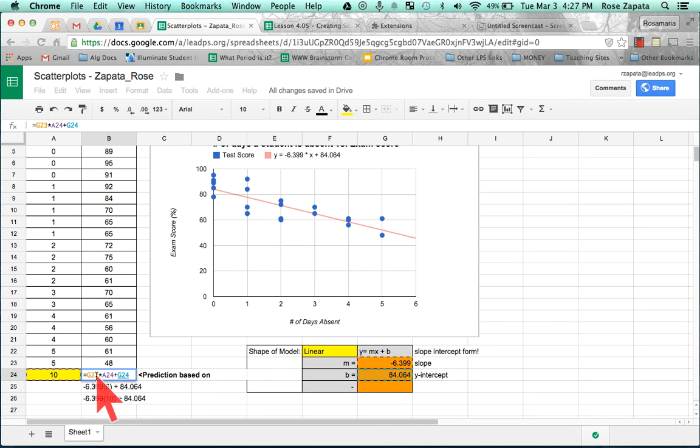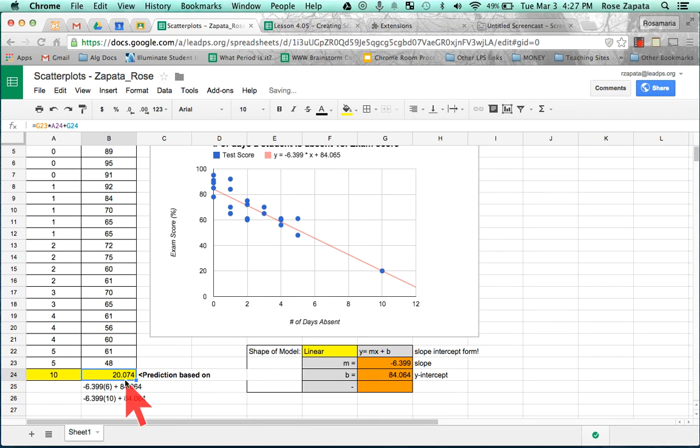So again, this is taking my slope, multiplying it times the input, which is the number of days that you're absent, and then adding the constant. Hit enter, and you see that you would get a 20.074.